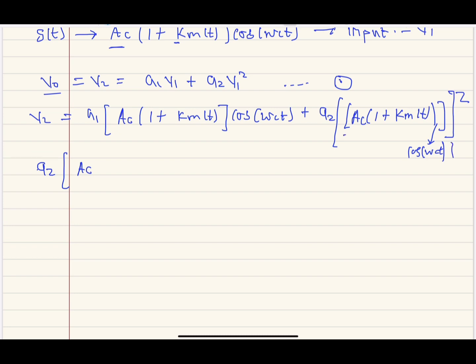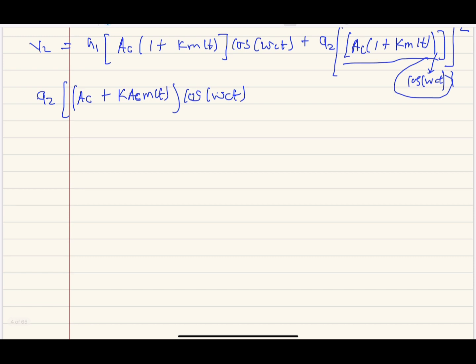We want to simplify whatever is inside here first, and when we do that, we are going to get, in brackets, AC plus K AC M of t, all multiplied by cos omega ct.